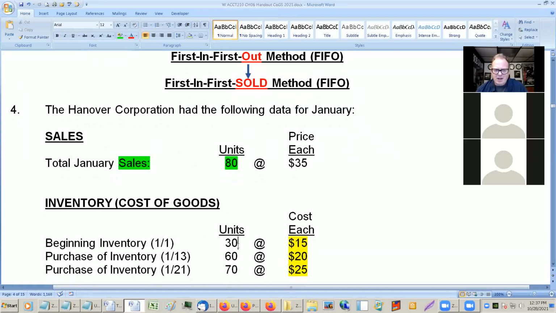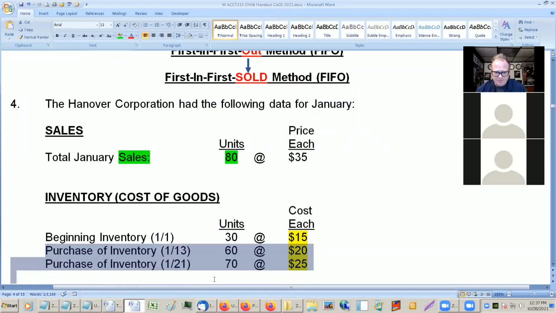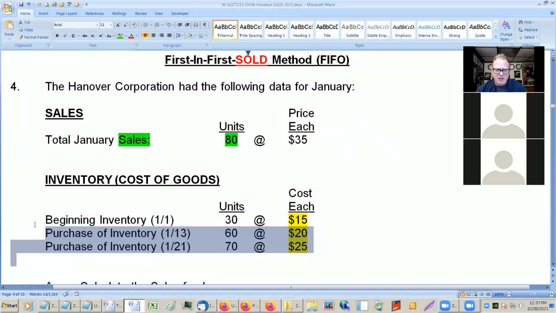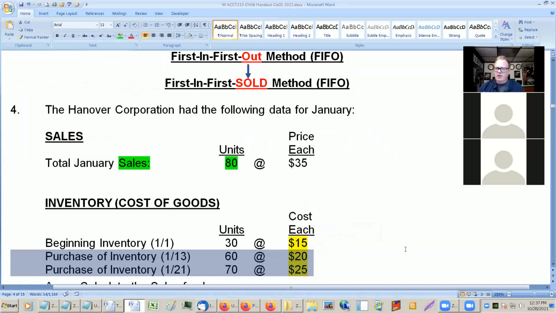If you made a sale on, say, here's January 1st, we had 30 units. So if you made a sale on January 10th, it must have come from those 30 units because the rest of these weren't there yet, right? So first in, first out is probably the actual way that inventory usually leaves the place.